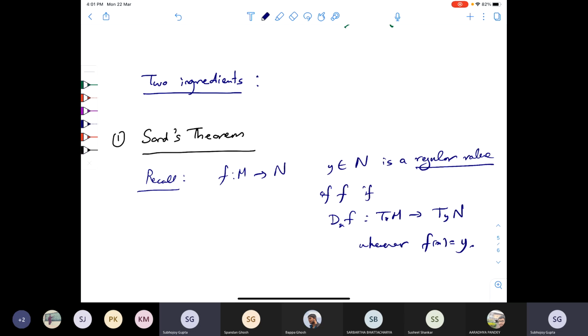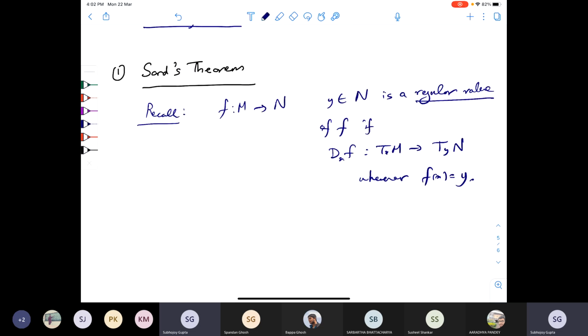So for every point in the pre-image, this is surjective. This also says that if your y has no pre-image, if this value y is not hit by the image at all, then it's also regular, because this condition is satisfied vacuously. Okay, so the pre-image is an empty set, so you don't have to check anything. It's automatically regular. Okay, this is something to keep in mind.